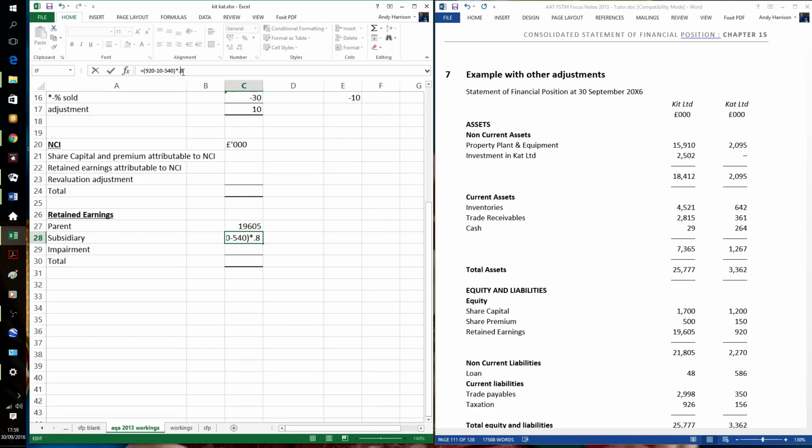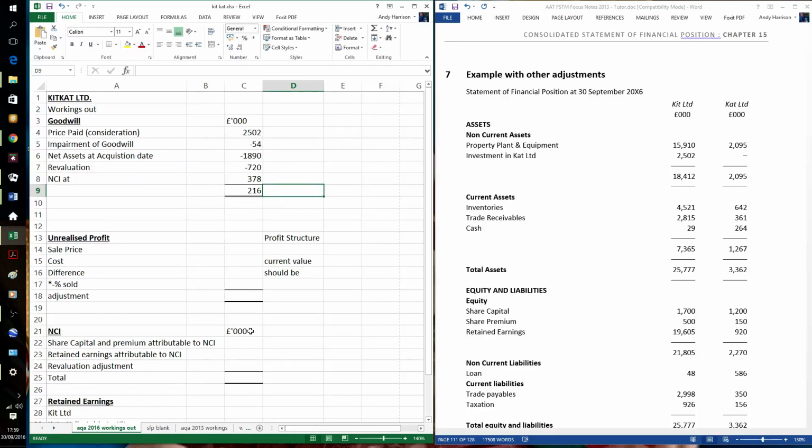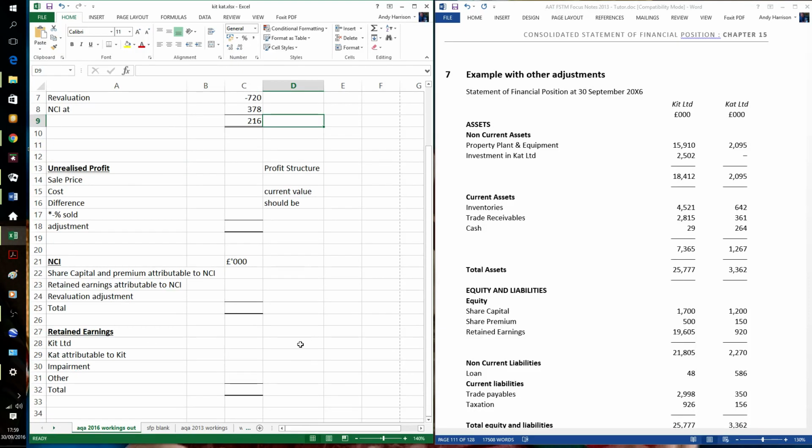Try putting the point in. 296, and then we're going to take off the impairment because that's coming out of our retained earnings. So our retained earnings will be 19847.